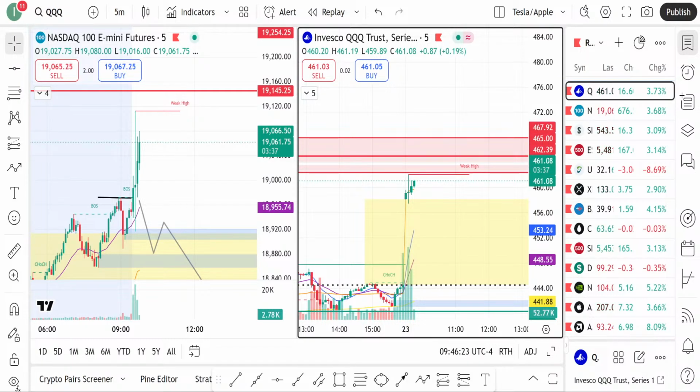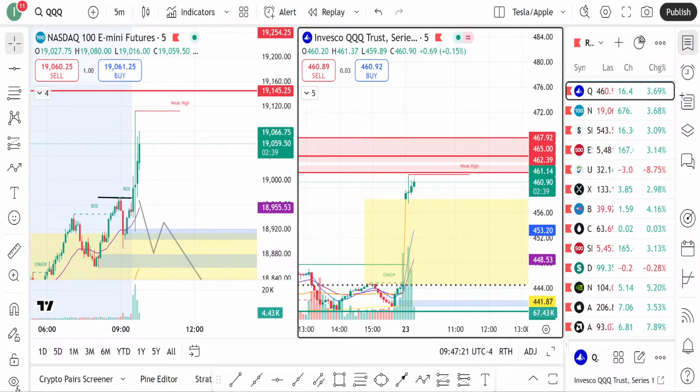What do you guys think this is going? Is this gonna go higher or is this gonna come down? I want to see your thoughts. Yep, I think so too.